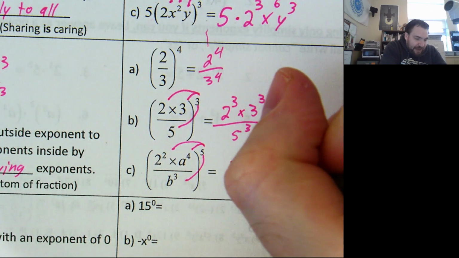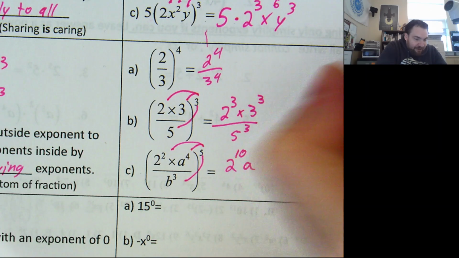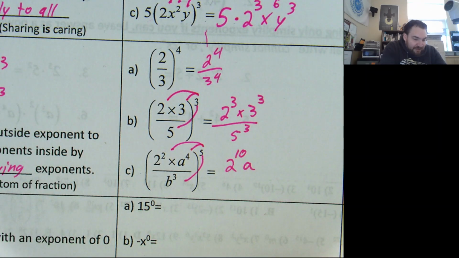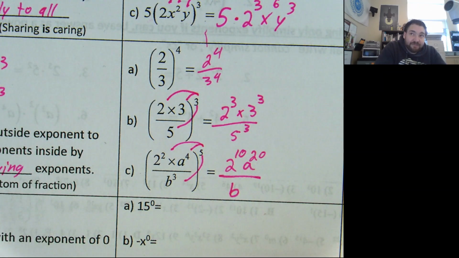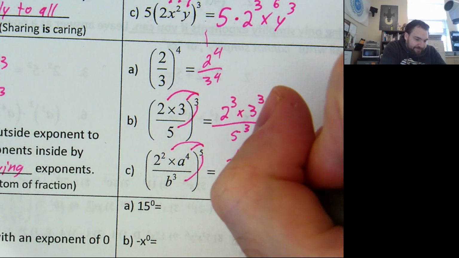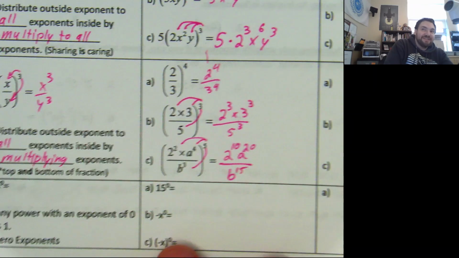So this one's going to be 2 to the power of a to the power of over b to the power of, you bet. Now things are getting more interesting.